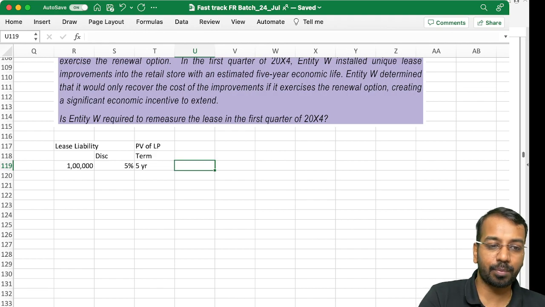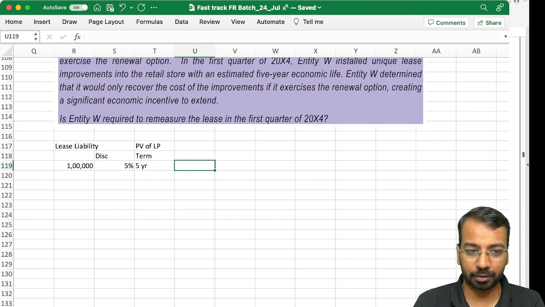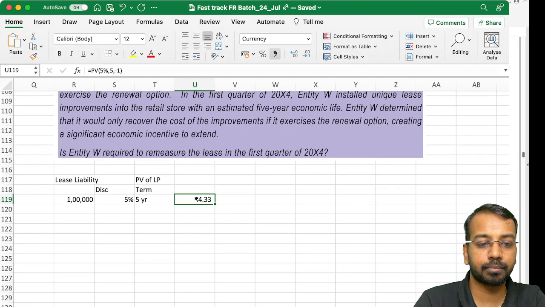If you do that 5 times and then do a grand total, you get the present value factor. So the present value factor for 5% for 5 years for 1 rupee is 4.32948, or 4.32925.